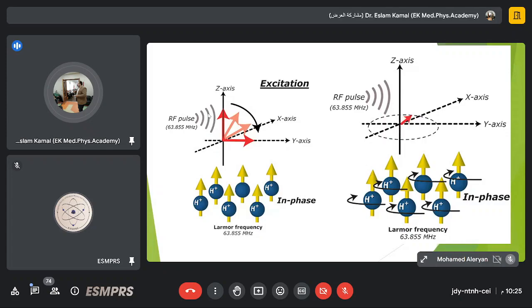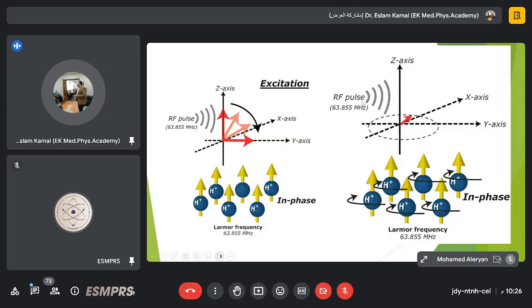After doing the excitation, we have magnetic force in the XY plane, and all protons now become in phase, not out of phase. Before applying the radio frequency pulse, all protons are out of phase, but all of them precess with the same precession frequency. After applying the radio frequency pulse, all of them become in phase.